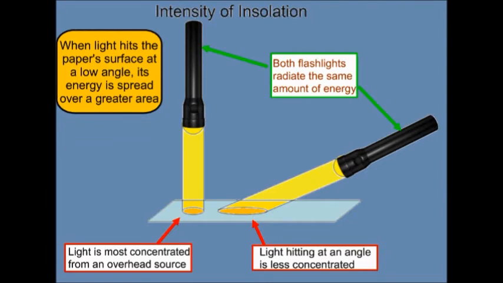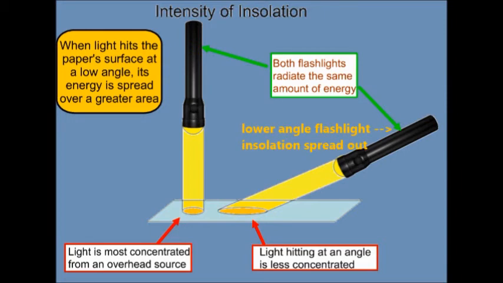The intensity of insolation varies with the angle of the sun overhead in the sky. This is illustrated using a flashlight and a piece of paper. In this diagram, both flashlights radiate the same amount of energy, but the light from the overhead flashlight is more concentrated, and you can see that small disk of light where the flashlight is striking the paper.